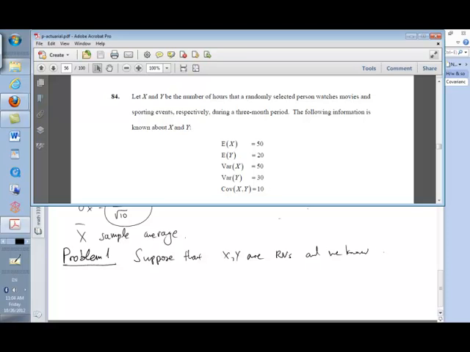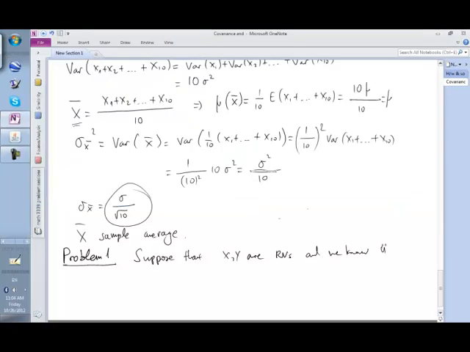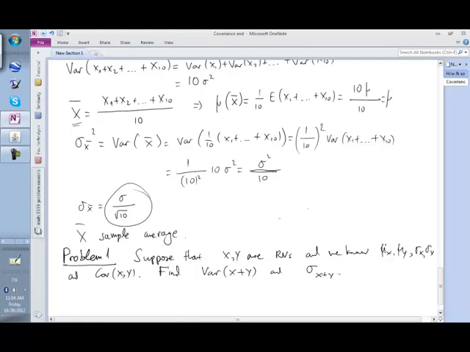Find the variance of x plus y and the standard deviation of x plus y.